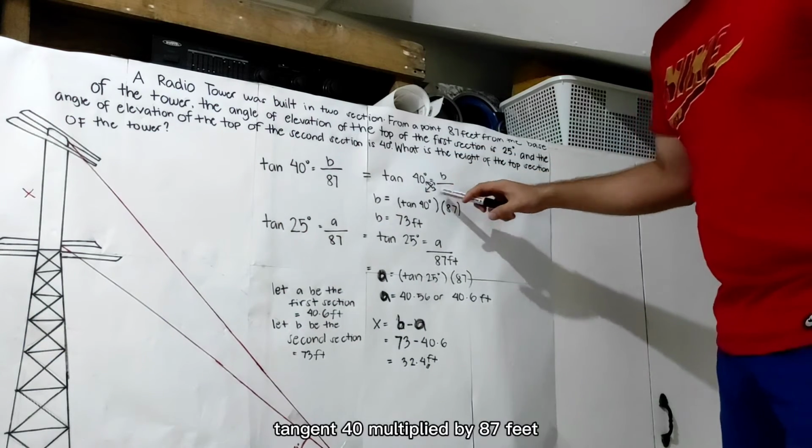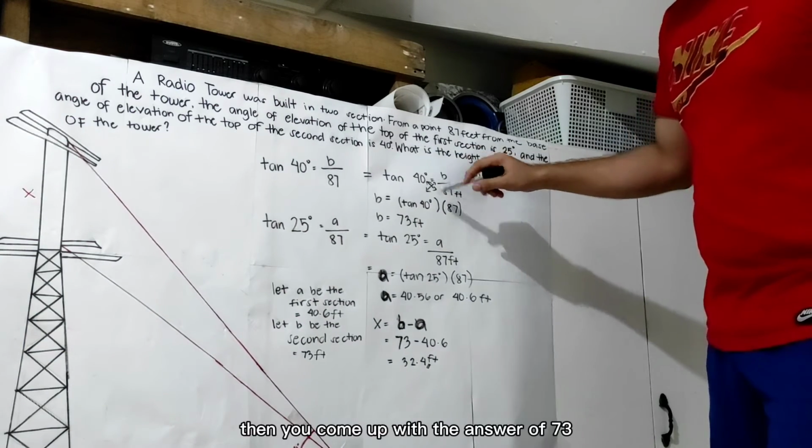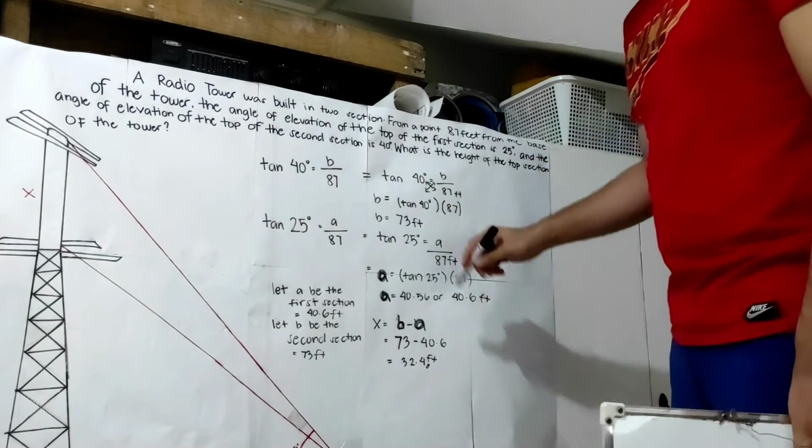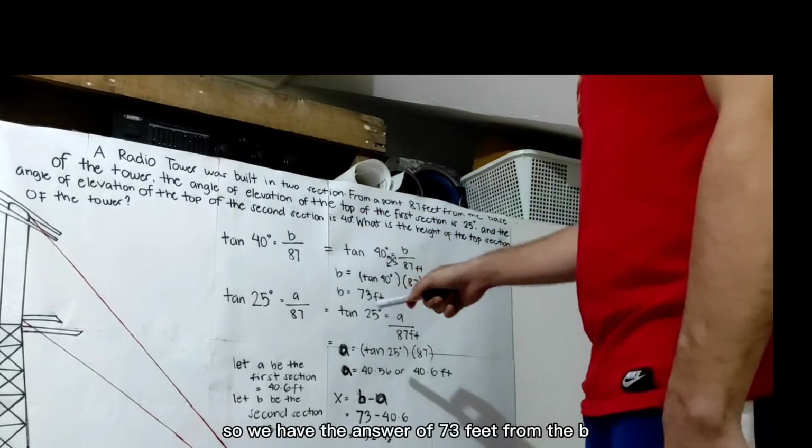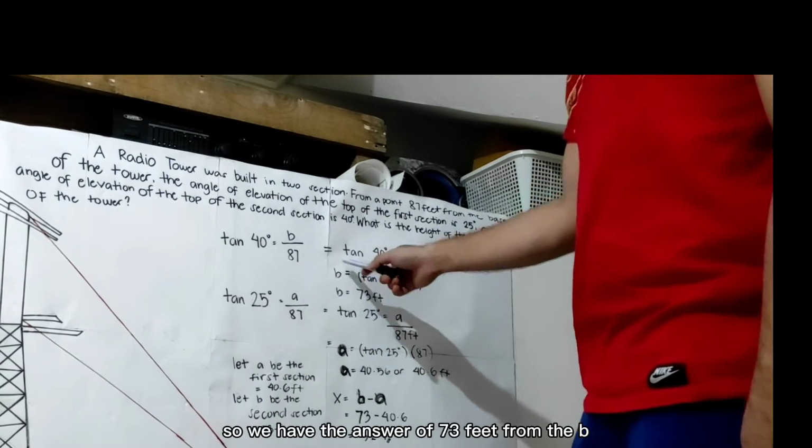Tangent 40 multiplied by 87 feet, and you come up with the answer of 73 feet. So we have the answer of 73 feet for B.